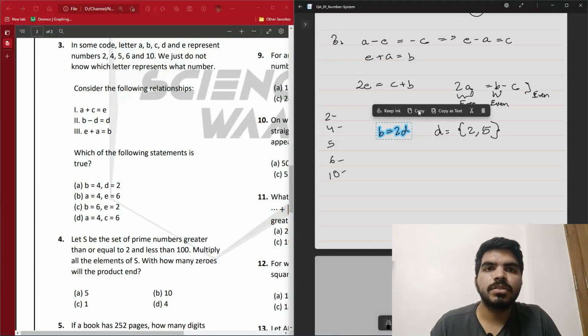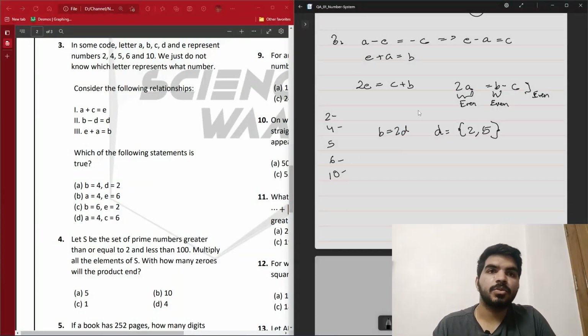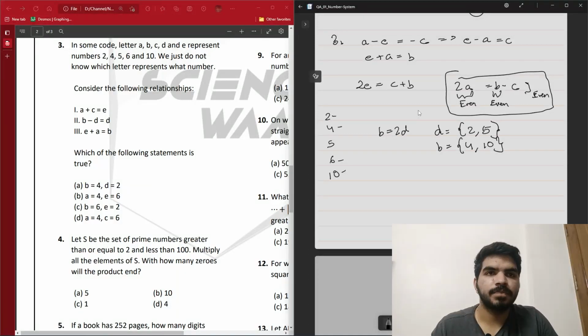Now to solve it further, to eliminate one of the other possibilities as well, let's see again. First write B might belong to 4 and 10. Now look at this equation again. So if we put 4, then 4 minus something must be equal to 2 times A. What is the minimum value that A can take?